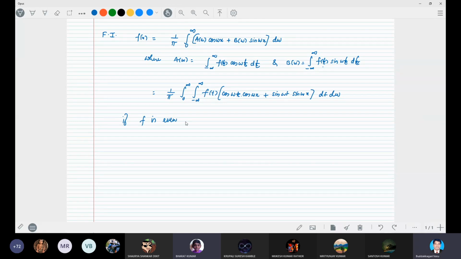Right. If f is an even function, then integral minus infinity to infinity of f(t) cos(omega t) dt, let us say f(t) into cos(omega t) is an even function, right?